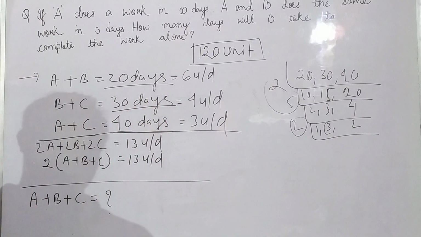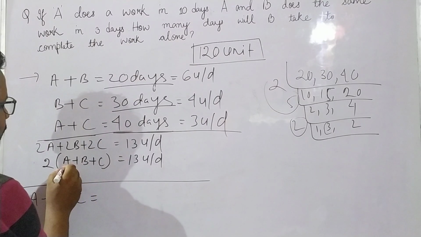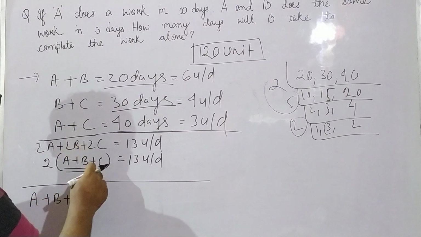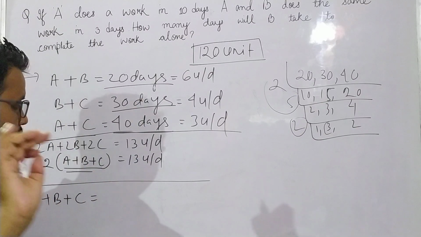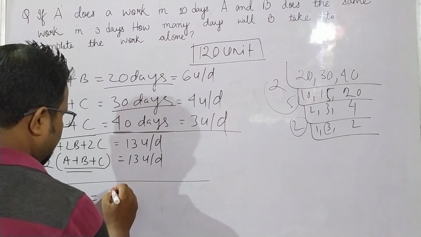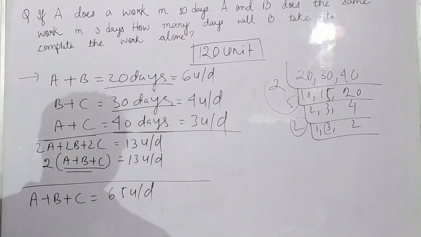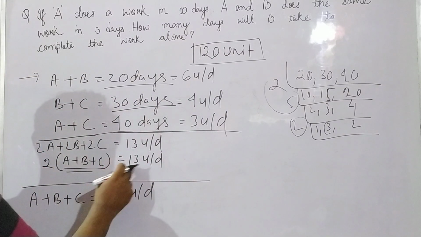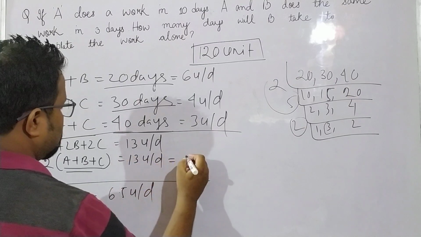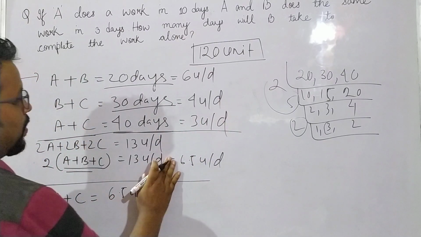But we need the work of A, B and C together, to finish the same work. So taking 2 out, it will be 13 by 2, which becomes 6.5 unit per day.